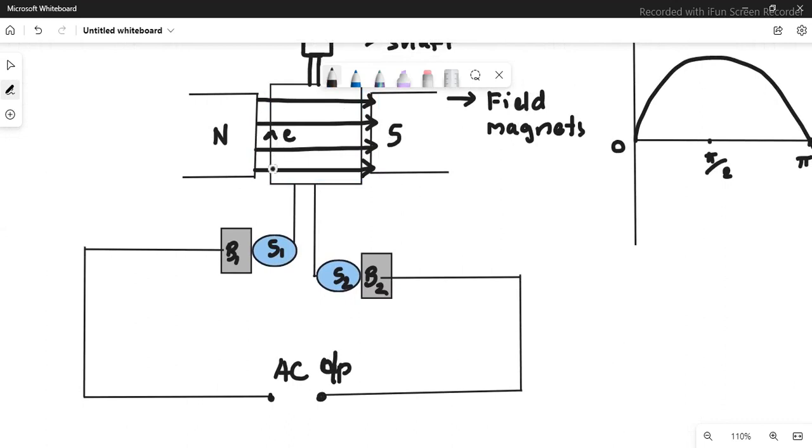To bring this induced EMF outside, we connect two small metallic rings known as slip rings. In the figure, they are marked as S1 and S2. These S1 and S2 also rotate along with the rotation of the armature coil.